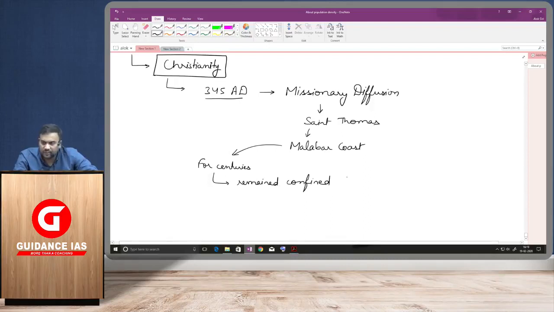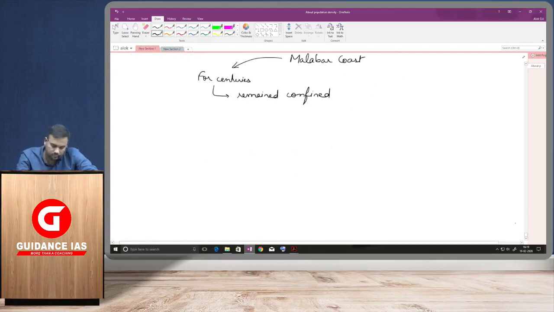In the rest of India, it spread only after when? Only after the arrival of the European colonial rulers.